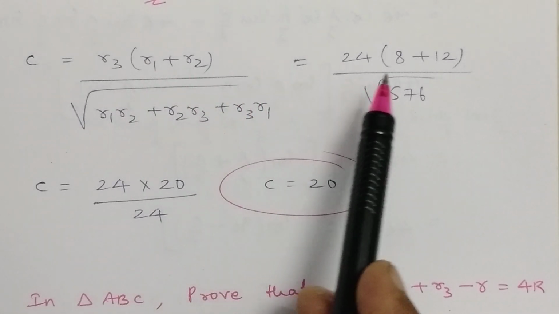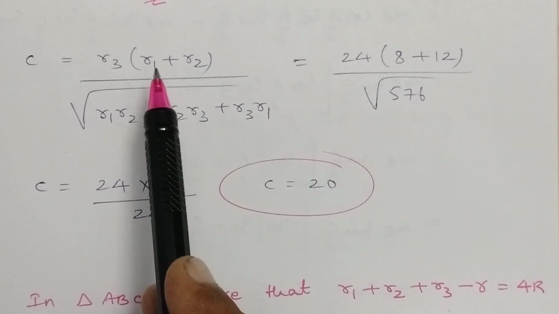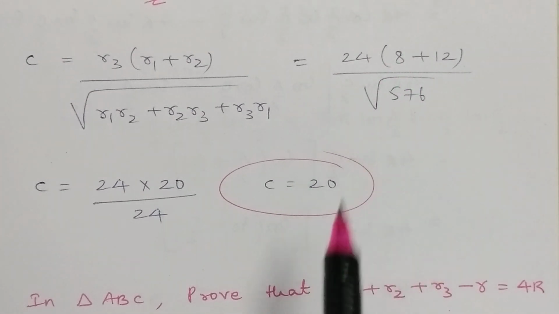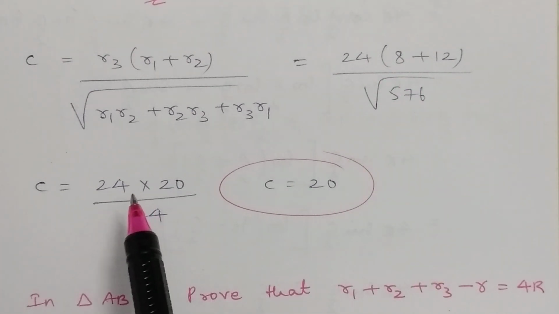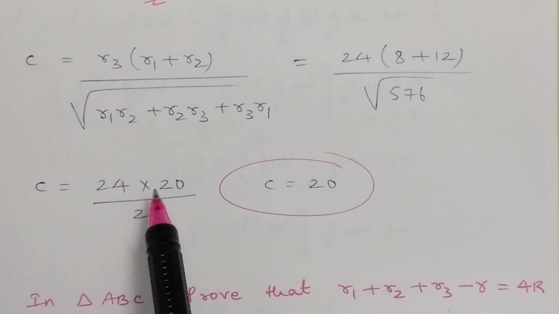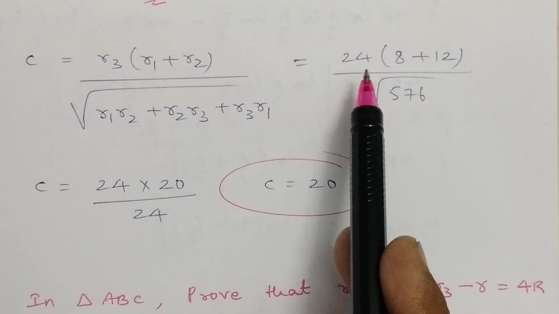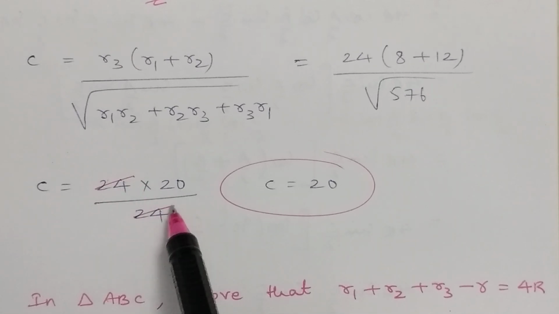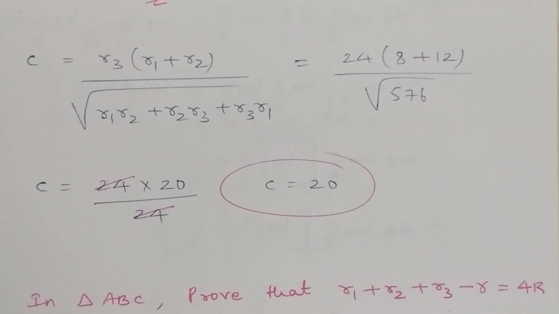Substituting the values, R3 is 24, R1 plus R2 is 8 plus 12, by root 576. Simplification is 24 into 20 by 24. 24 simply gets cancelled. C equals 20.